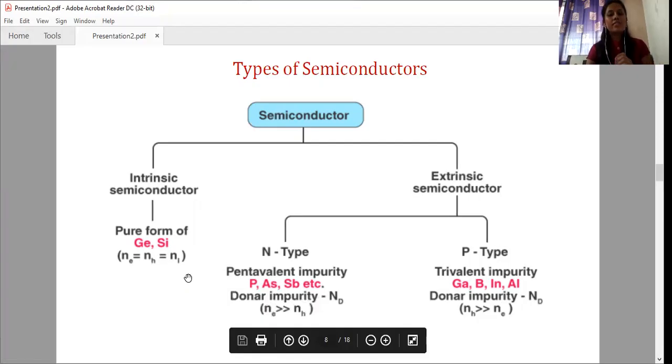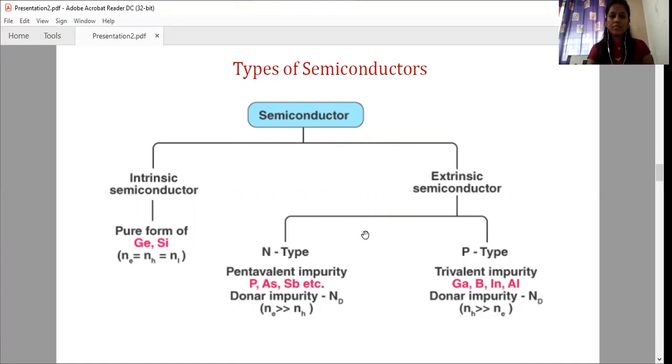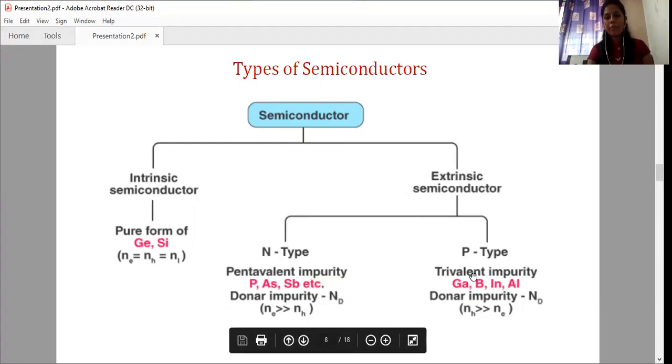In an intrinsic semiconductor, the number of electrons is equal to the number of holes. The extrinsic semiconductor has N type and P type, which we will discuss later. Firstly, we discuss what an intrinsic semiconductor is.